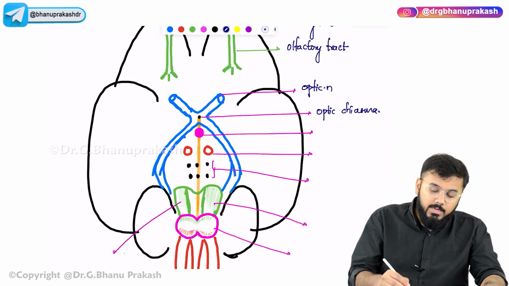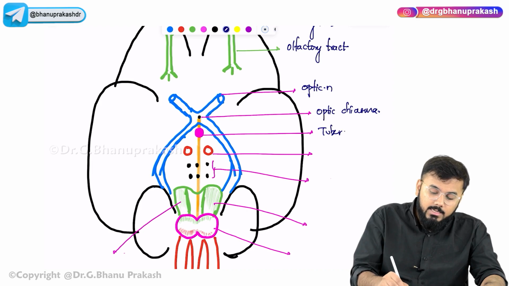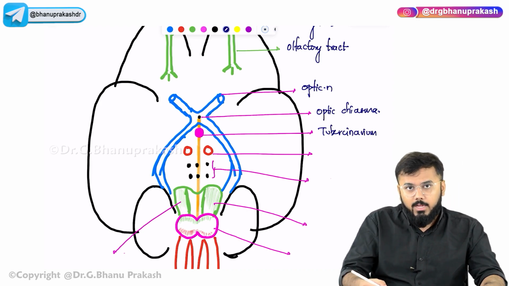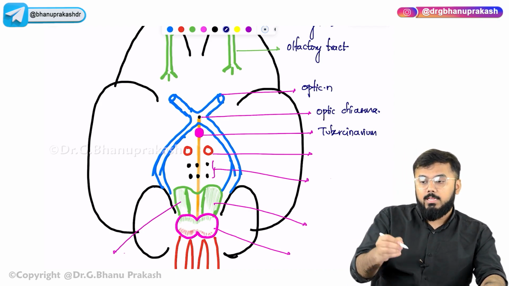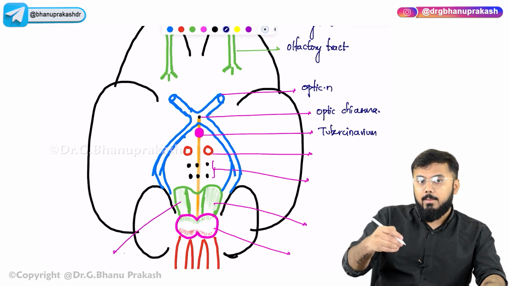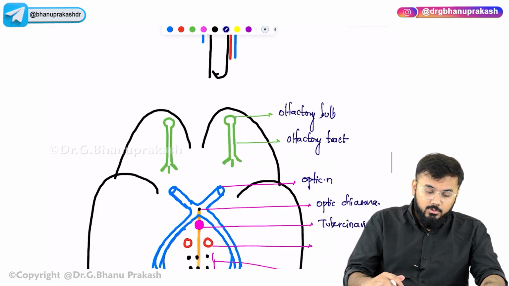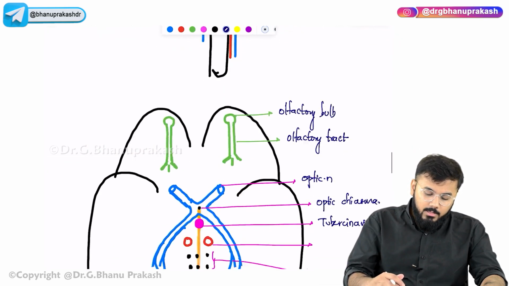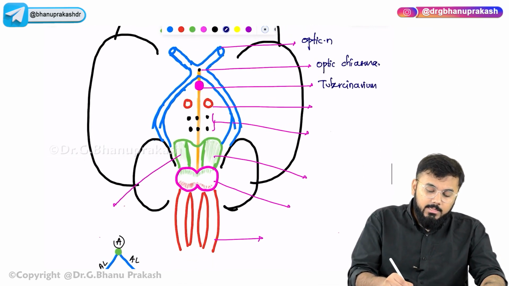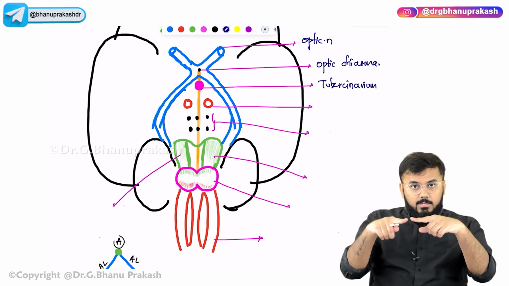Just beneath that, what do you have? You have the tuber cinereum. You remember that in the base of the brain we discussed optic chiasma, tuber cinereum, posterior perforated substance, mammillary body. The same structures I am discussing here. We have discussed the wall of the third ventricle, right?